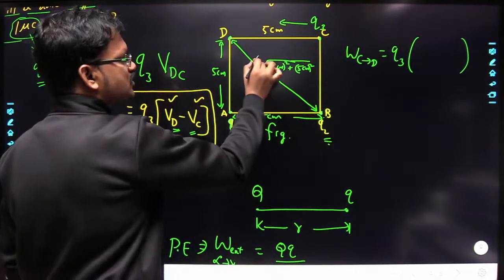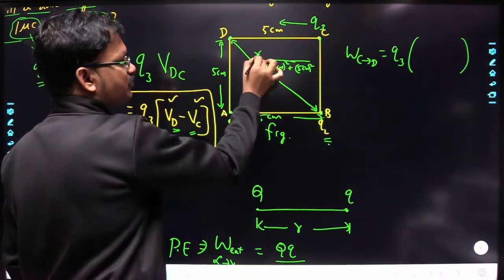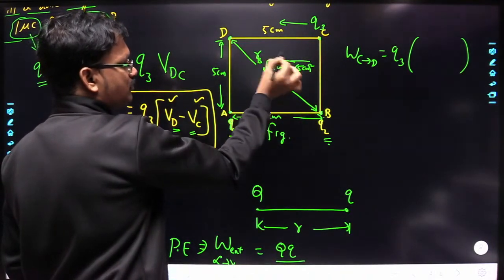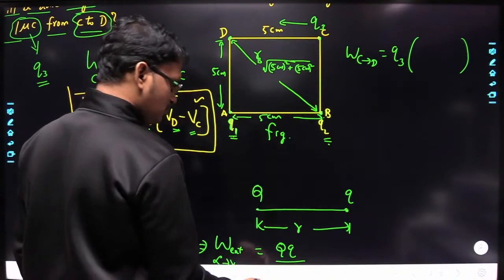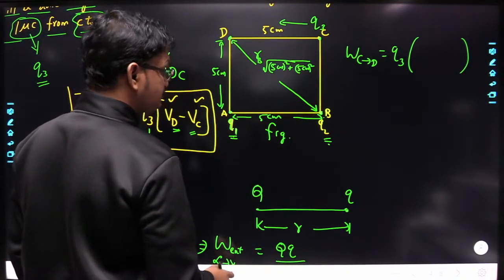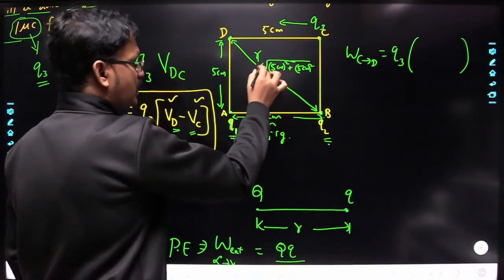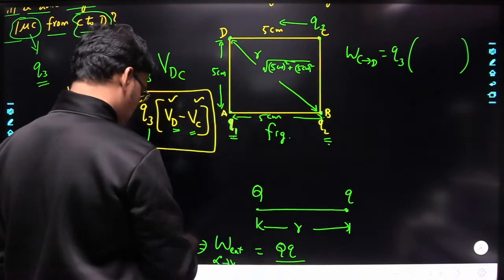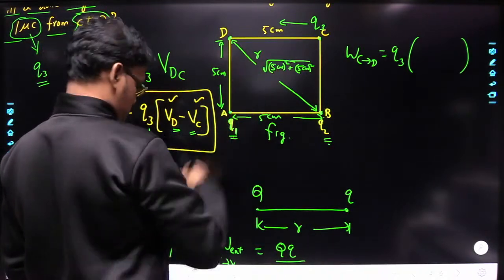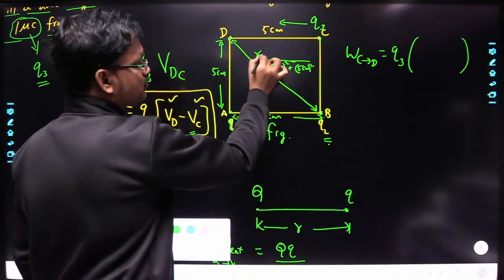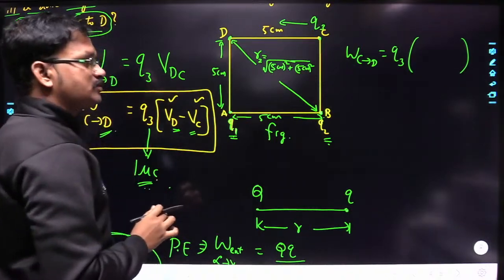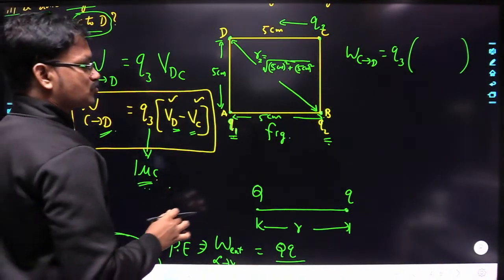This is the distance from Q2, so I am representing this distance as R2. So R2 is equal to the square root of 5 centimeter square plus 5 centimeter square.